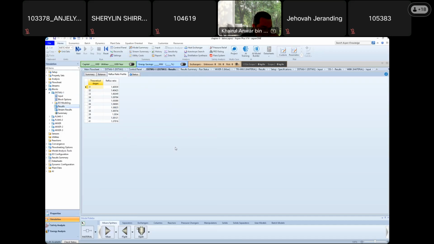So the trade-off between number of stages and reflux ratio. Okay, this is slide 25. Higher stages will increase the equipment cost, while an increase in reflux will increase the operating cost.